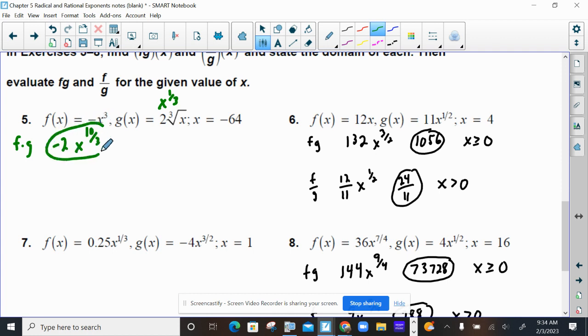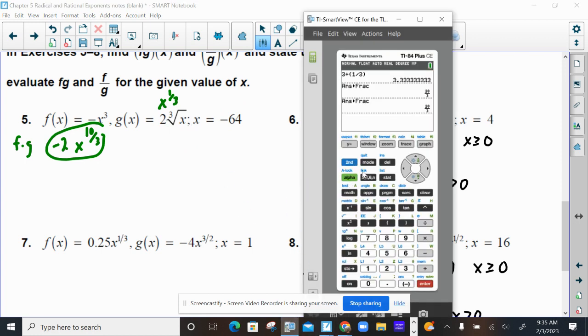There's the product. And then once we have that, we have to replace the x with a negative 64. You're going to see that it's a really small number because it's going to be negative. It's going to be negative 2, put parentheses, type a negative 64 and raise it to the 10/3. That's all this problem's asking us to do.